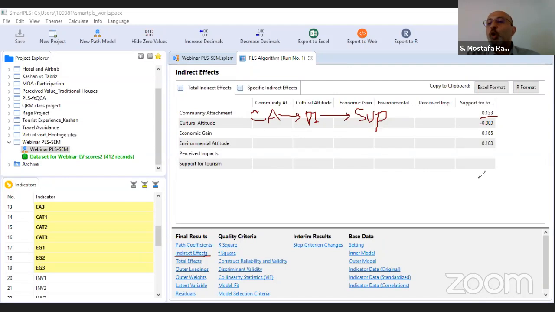But still, we don't know if these indirect effects are significant or not. So we have to apply the product of coefficient, or assessment of significance of indirect effect using bootstrapping confidence interval. So to get the result of bootstrapping confidence interval, we have to run bootstrapping.